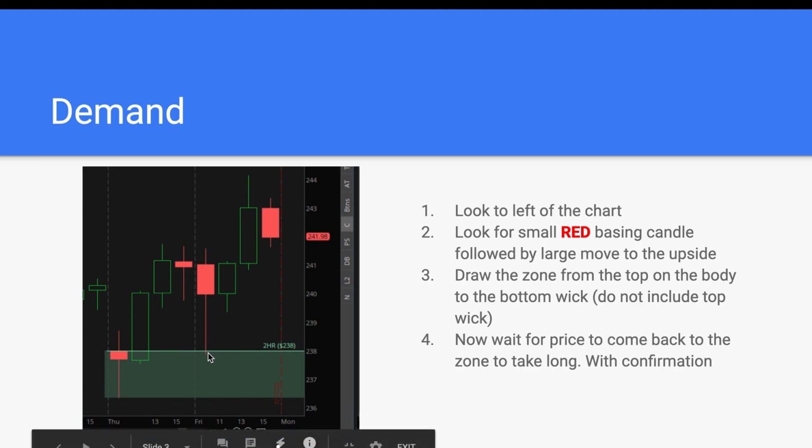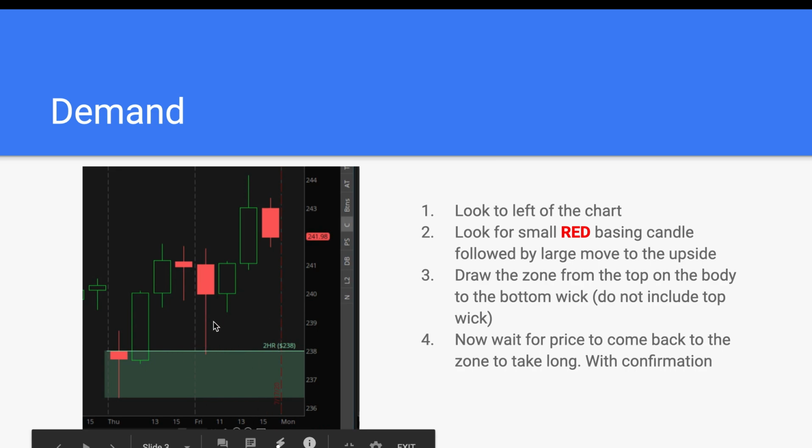So if you took it right when we hit 238, you could have had it for the low of the day or some other low or somewhere that you saw some other support or resistance. You can take your stop anywhere within this zone if you feel comfortable.